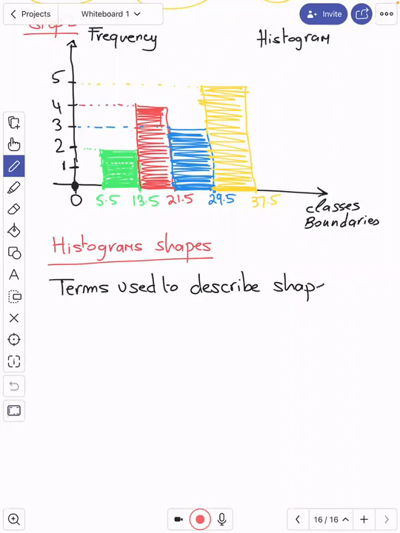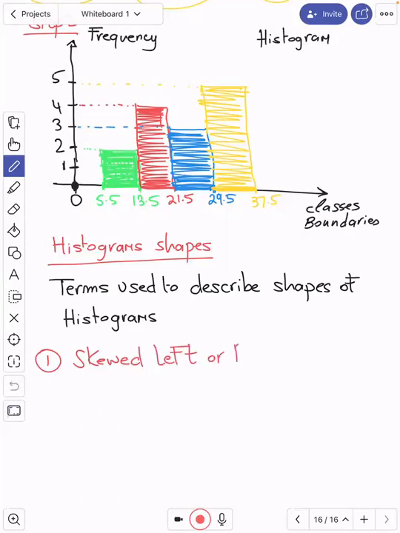The first term is called skewed left or skewed right.